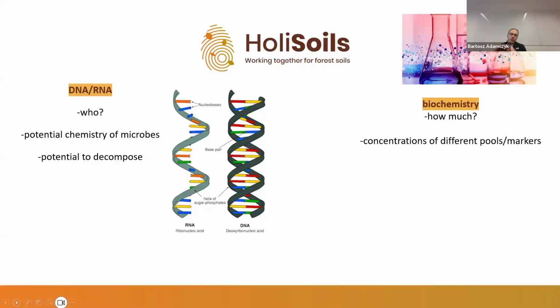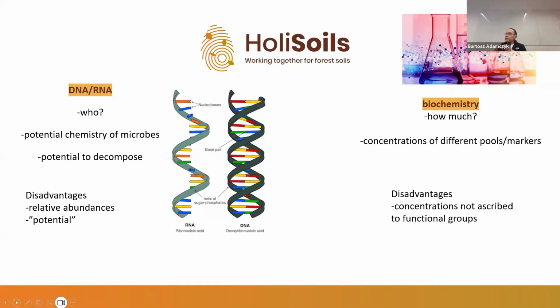In case of biochemistry, we can get more information about how much of the thing is there. So concentrations of different pools, different markers of different processes. The disadvantage of DNA and RNA information would be that it is based more on relative abundances, and they are telling about potential for some biochemical processes.